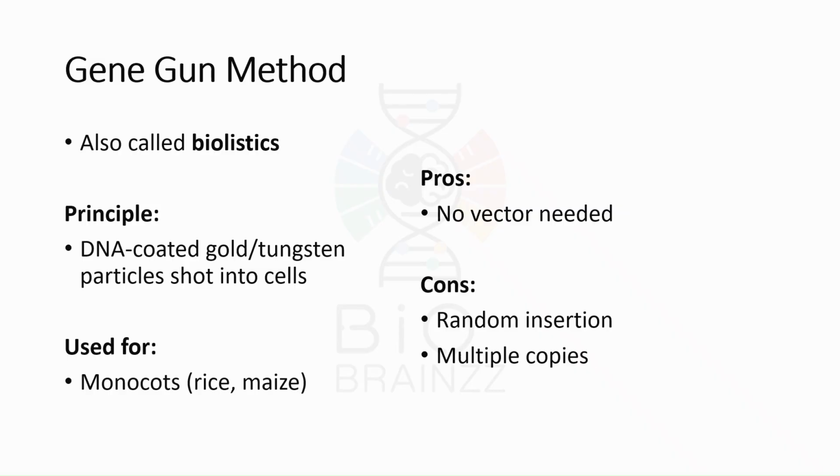The gene gun method is also called biolistics. In this method, tiny particles of gold or tungsten are coated with DNA and shot into plant cells using high pressure. This allows DNA to enter directly into the cell.